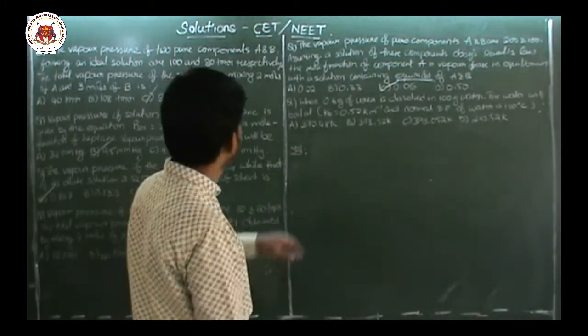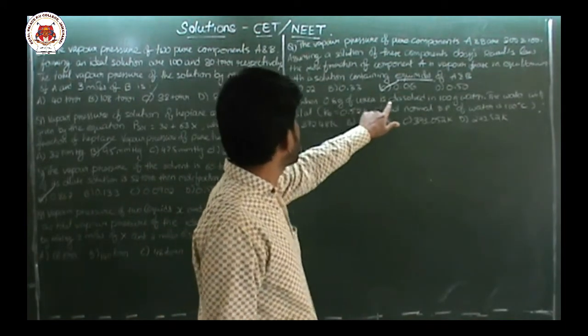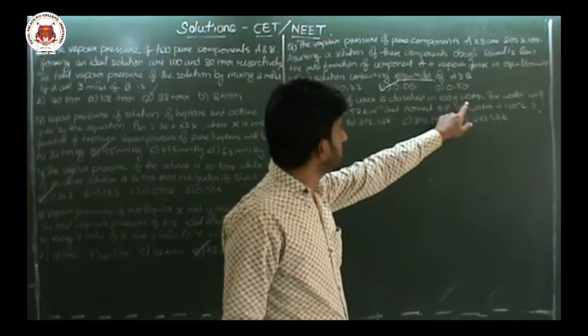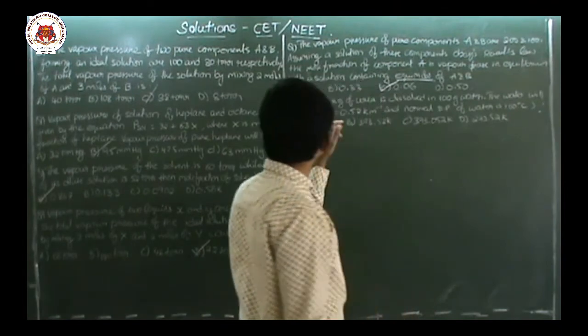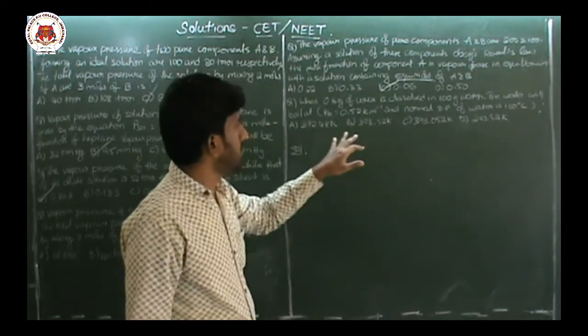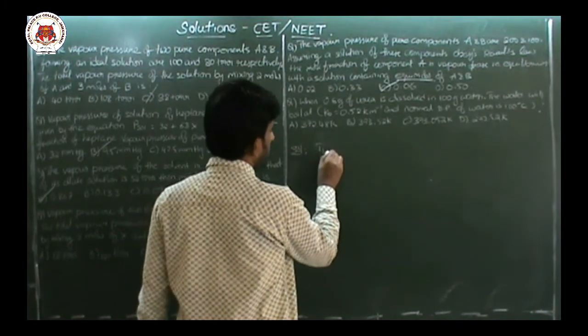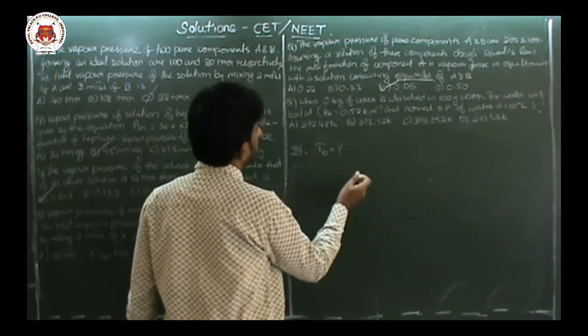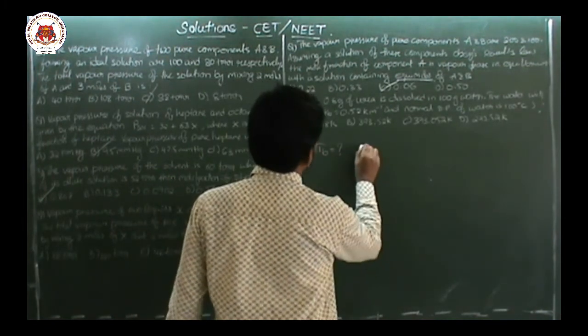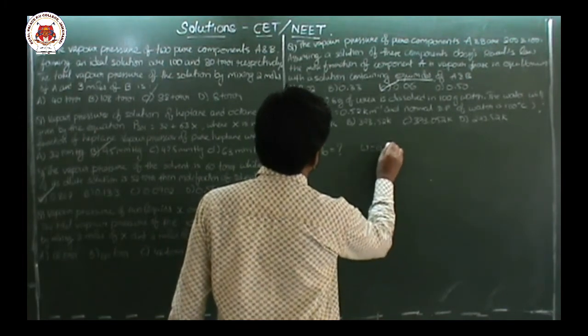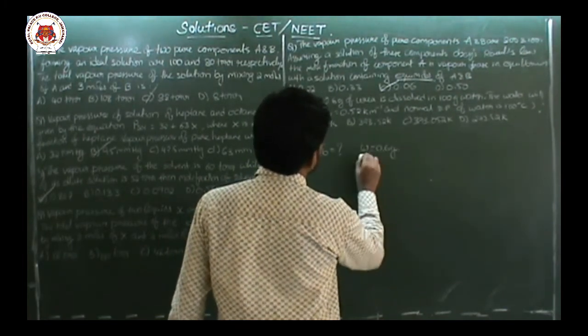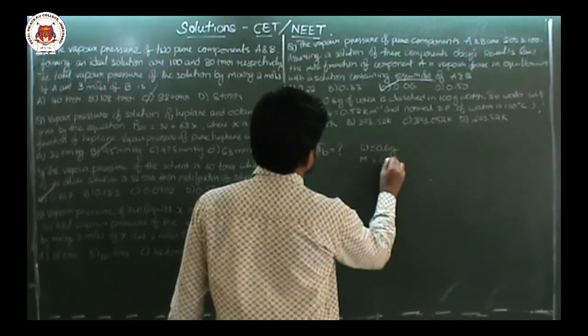Next question is, when 0.6 grams of urea is dissolved in 100 grams of water, at which temperature will the water boil? Means they are asking the Tb value. Now the weight of urea is 0.6 grams. Molecular weight of urea is 60, you know.